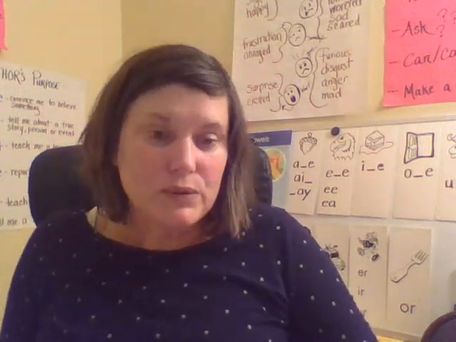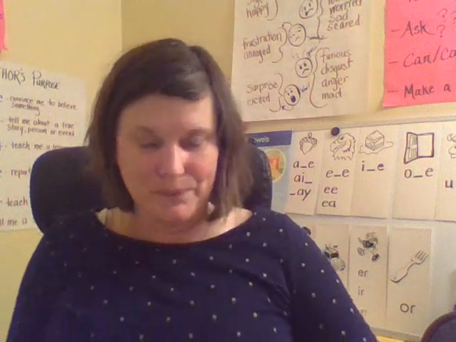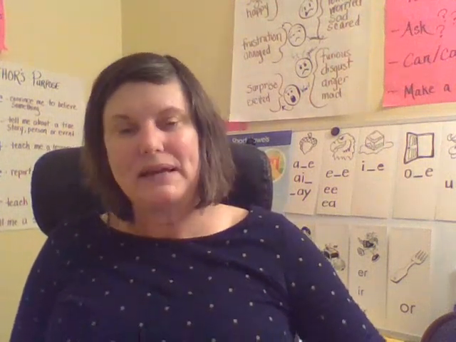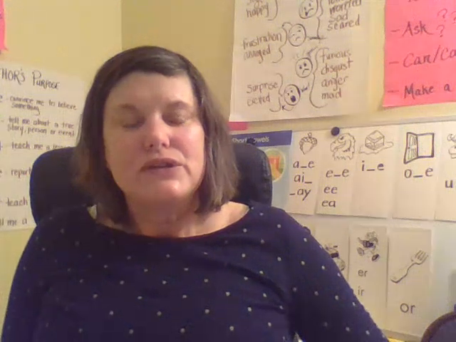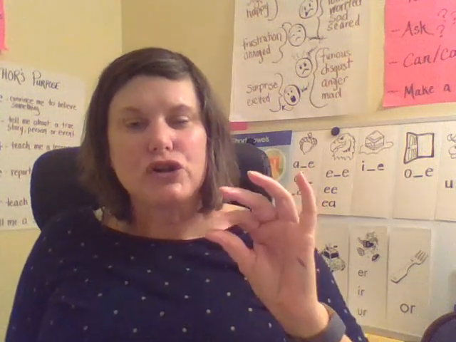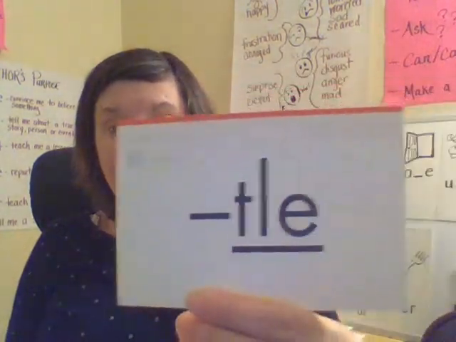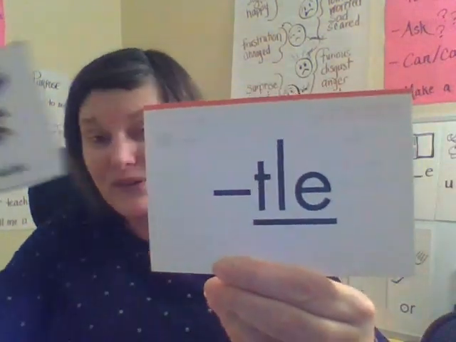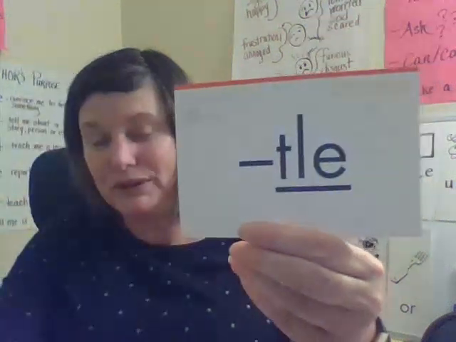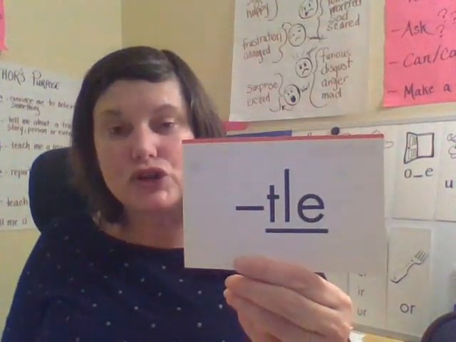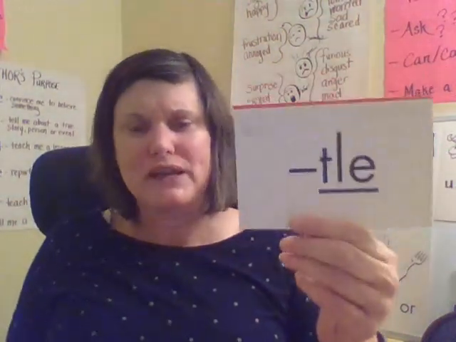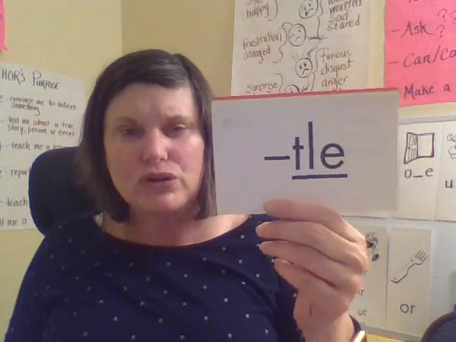Okay, the last word we're going to spell is turtle. Turtle. So let's think about that. Turtle. 2 syllables. And I hear the final stable syllable tle at the end. So I just need to spell tur. Tur, like turkey, turn.